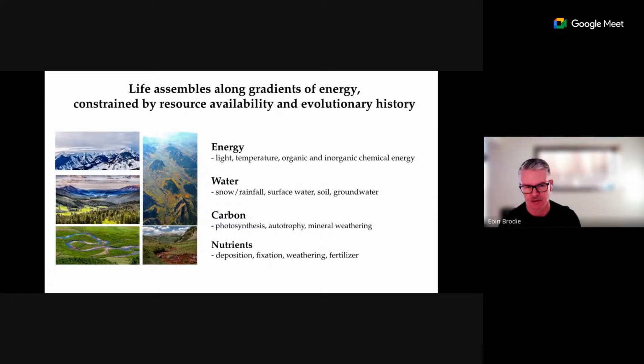So the availability of energy, whether that's from light or chemical energy, the availability of water, carbon, fundamentally for microbes, most of that is coming from photosynthesis through plants for soil microbes, but also from autotrophy, fixing their own carbon from the atmosphere, or in some cases from mineral weathering, and then the availability of nutrients to build cellular materials.